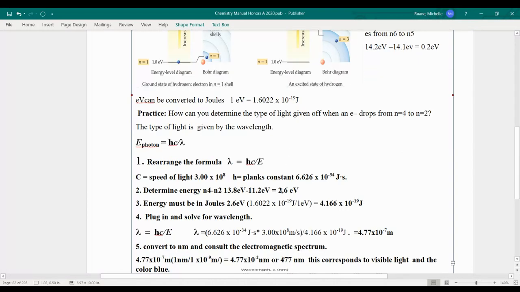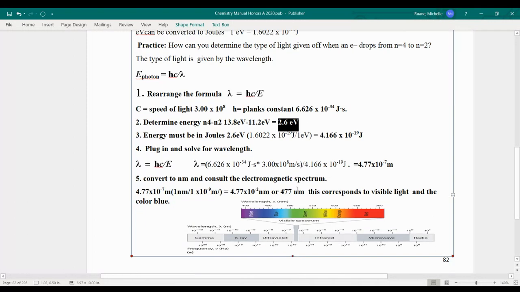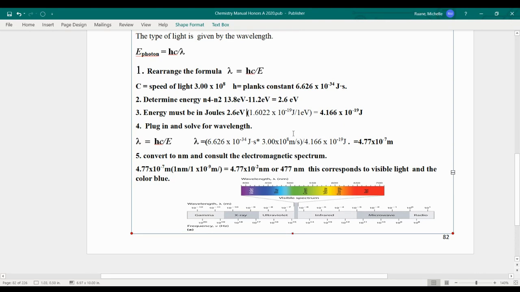I just subtract those and I get 2.6 electronvolts. Okay, now the energy has to be in joules, so I have to convert that electronvolt to joules. I don't want electronvolts, it goes on the bottom, and what I want is joules, it goes on top. And then I get this amount of joules.